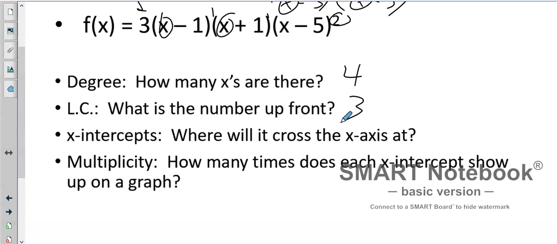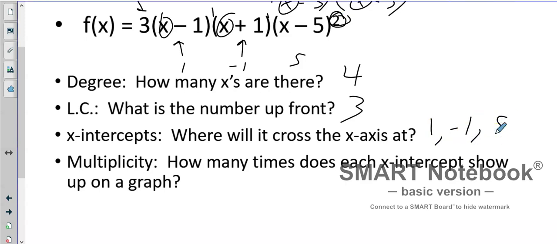x-intercepts. How many will there be? Well, this one is 1. This one is -1. That's 2. And this one is 5. But there's 2 of them. So where will it cross the x-axis? At 1, -1, and 5.